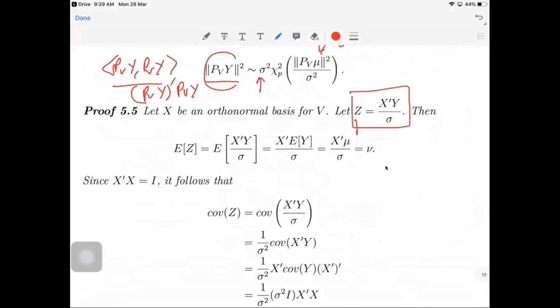So mao ni ang variable na imuhang i-manipulate. Remember na dapat para mahimong chi-square magsugod ka og standard normal, no? Normal 0, 1 or kung vector na ni 0, I, no? So you have to show first that x prime y over sigma will be normally distributed.